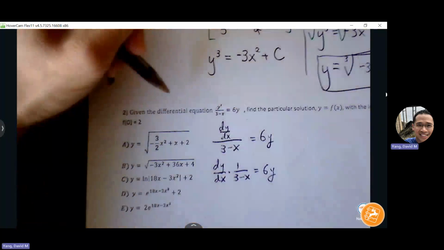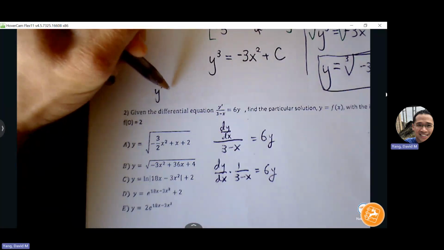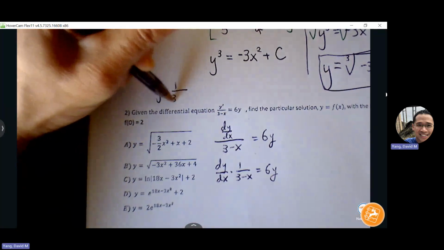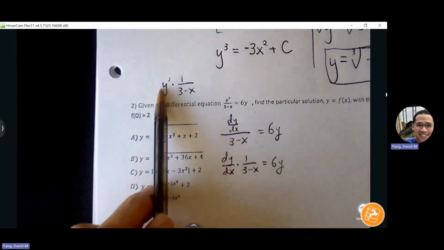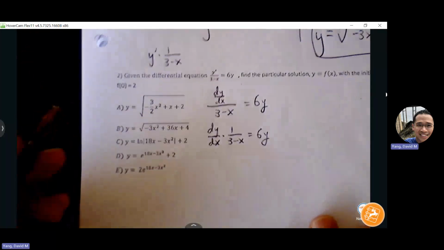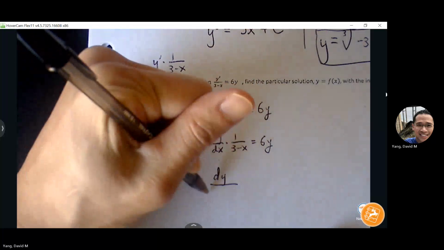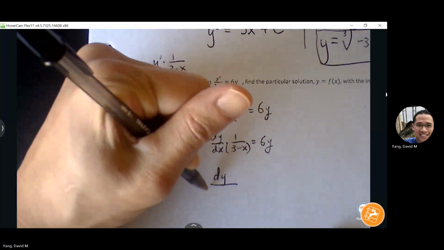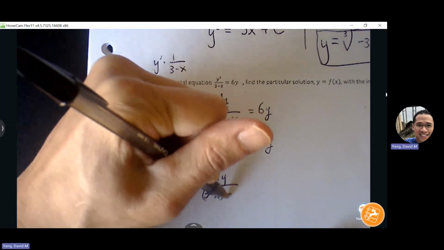Or we can pull that y prime in front ahead of time, if you want to do that: y prime times 1 over 3 minus x. And then turn that y prime into dy dx and then put it back together into one fraction, eventually.